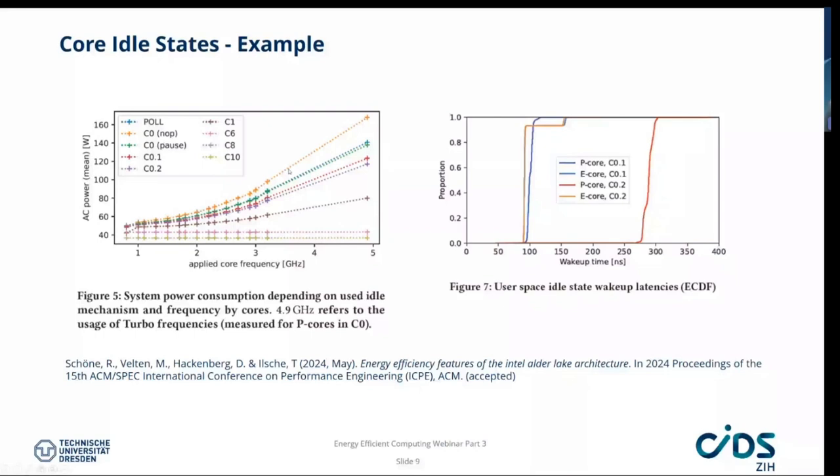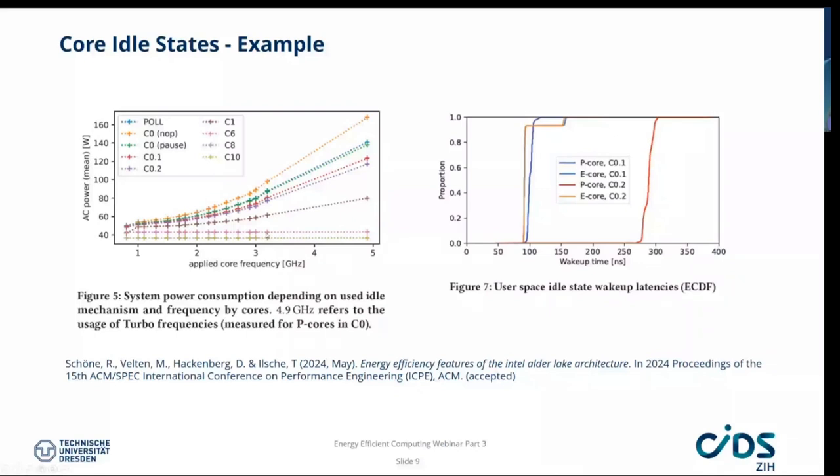So if you're looking here at the left-hand graphic, then you see how much power consumption you have on this processor. It's the desktop processor where we check the power consumption here, but the same you would see also on the server processor. We have different graphs for different idle states. On the lower hand then are the idle states that can be used by the operating system. These are down here.